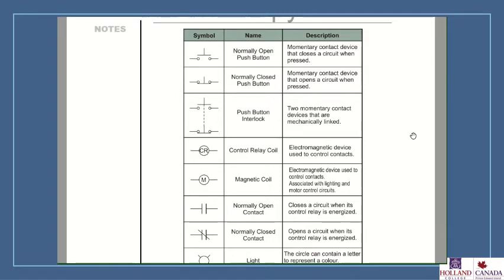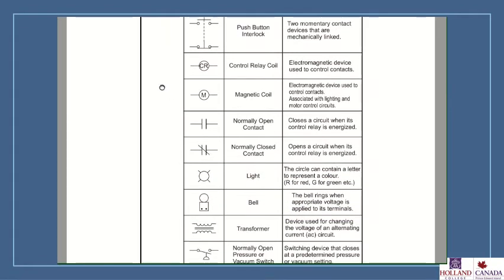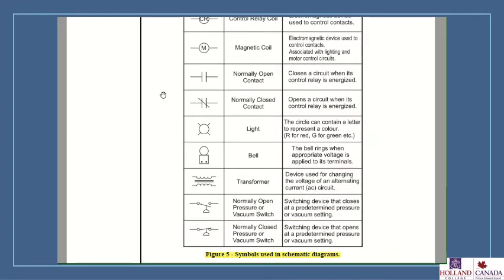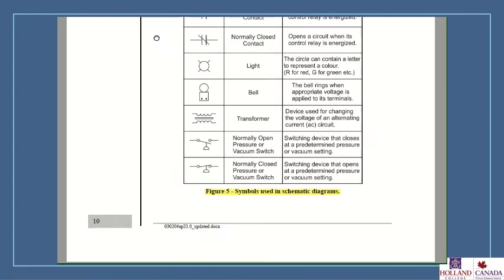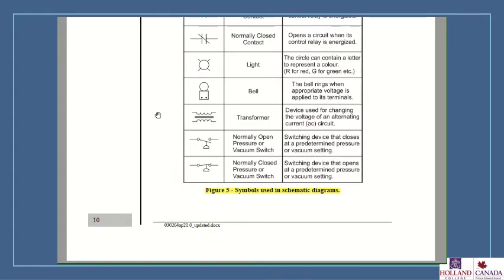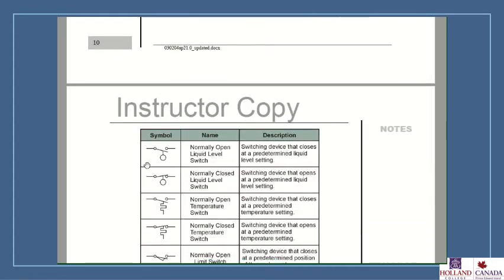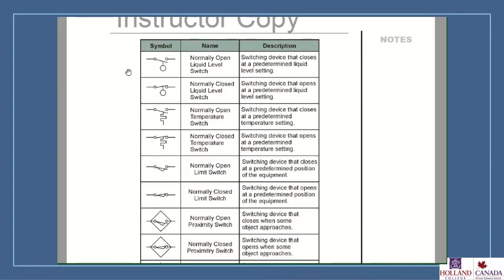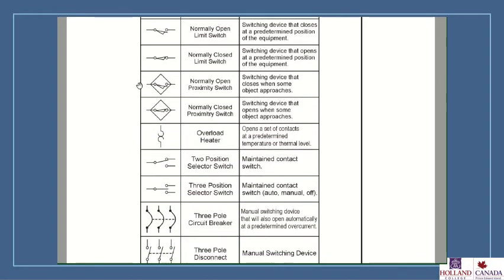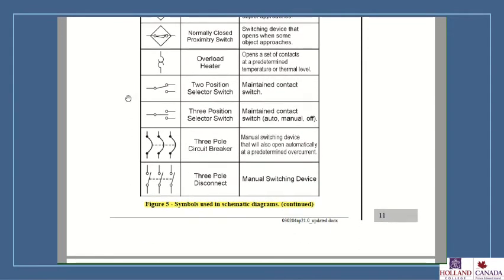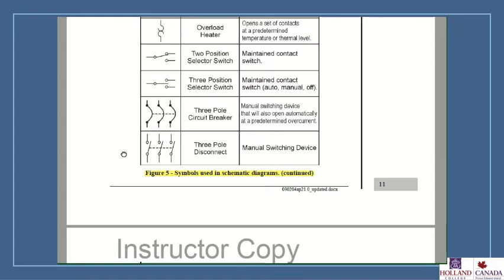So we'll slowly go through these. Push buttons, coils, contacts, light, bell, transformer, vacuum switch or pressure switch, level switches, temperature switches, limit switches, proximity switches, overload heater, 2-position switch, 3-position switch, 3-pole circuit breaker, 3-pole disconnect.